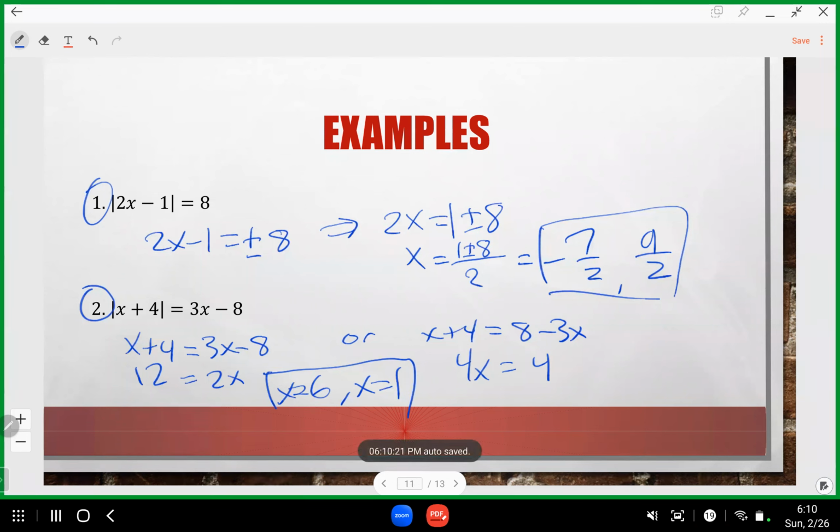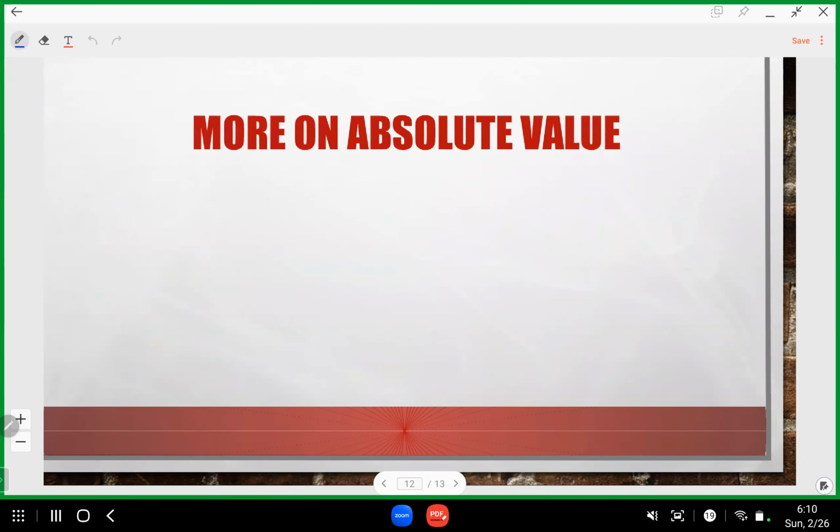Good, because when you plug it in, you get 5 is equal to negative 5. So remember to check. 1 does not work. Only 6 is the correct answer. Very good.